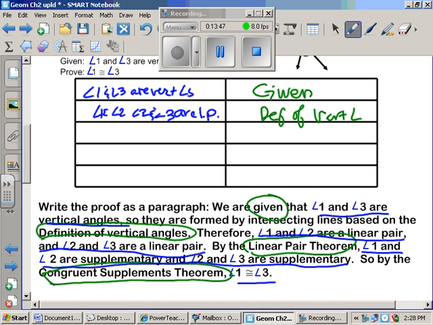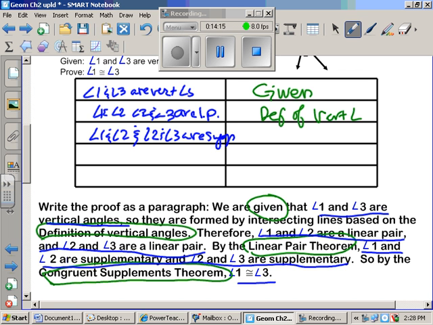Okay, what's the next statement? What's the next thing underlined, Hannah? Right. 1 and 2 and 2 and 3 are supplementary. Why?